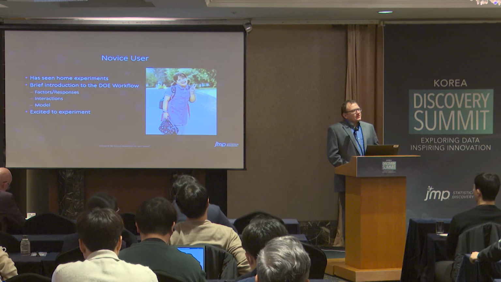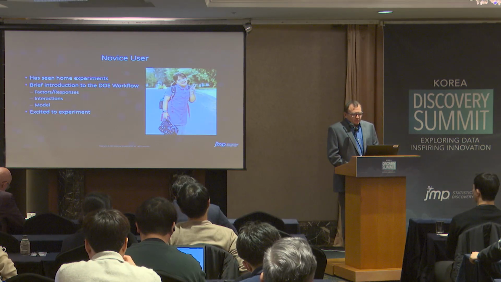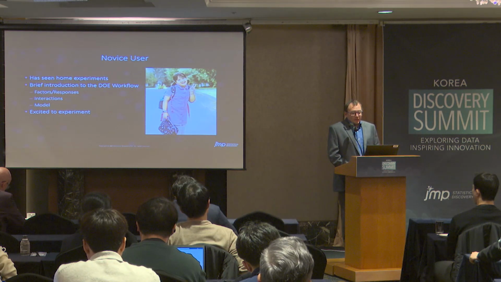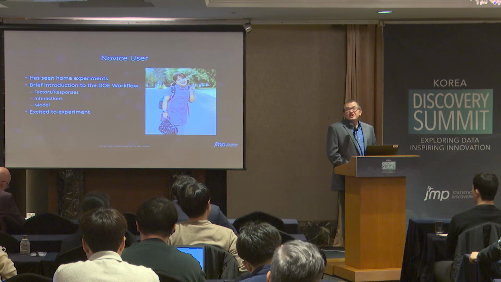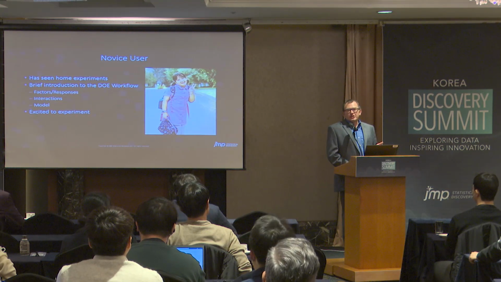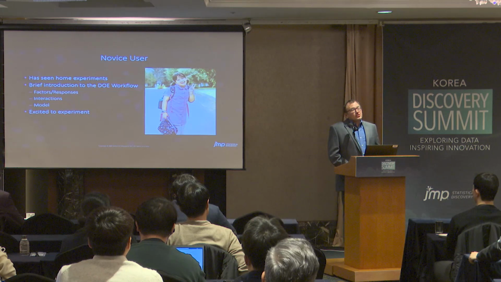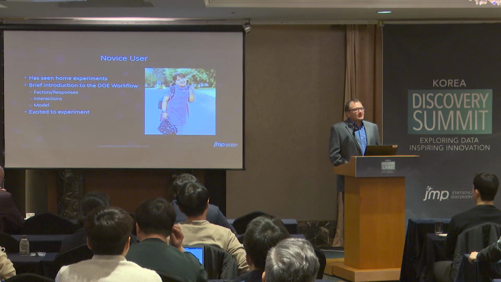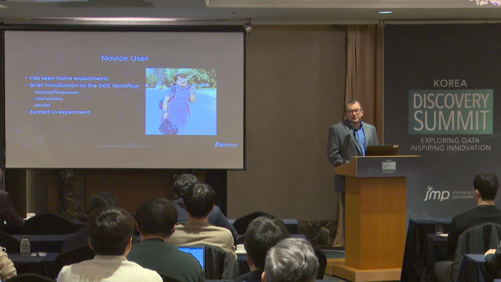And she also had a sense as to what we meant by a model. Perhaps most importantly, she was really just excited to try it out. And if you take anything away, that's what I would encourage as well. If you've never tried anything under the DOE platforms before, give Easy DOE a try, and hopefully you'll find it as easy to use as Rory did.